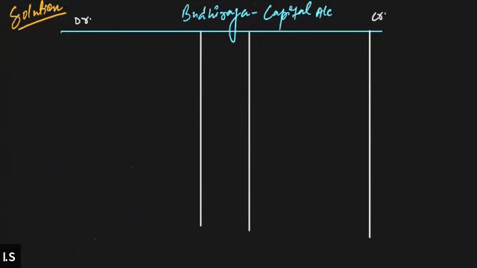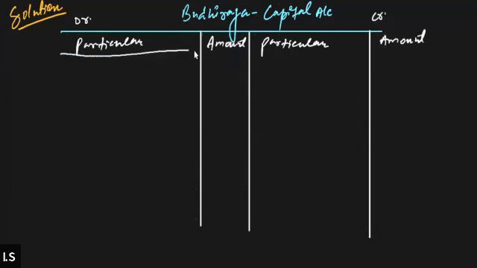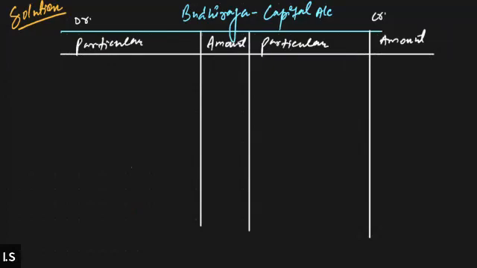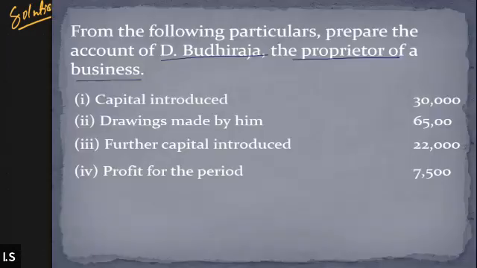So this is the capital account of Buddhiraja, and on this side, this is the particulars side, the left side: particulars, amount. I'm not making an extra column for the date this time. I have made an account without the column of date. All right, so let's see what are the items given in the question.